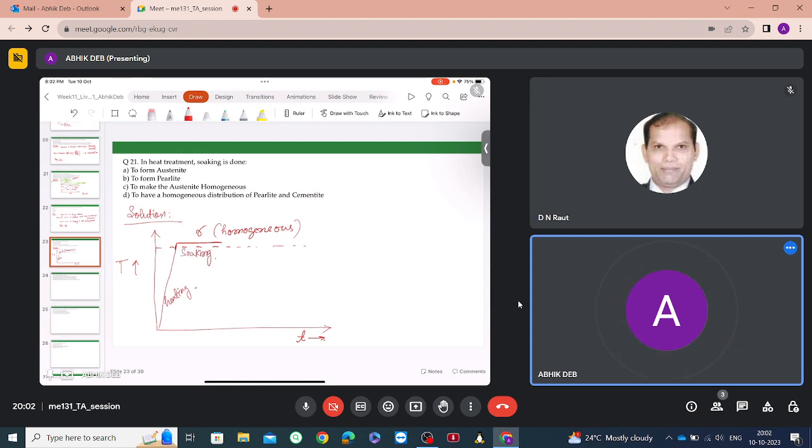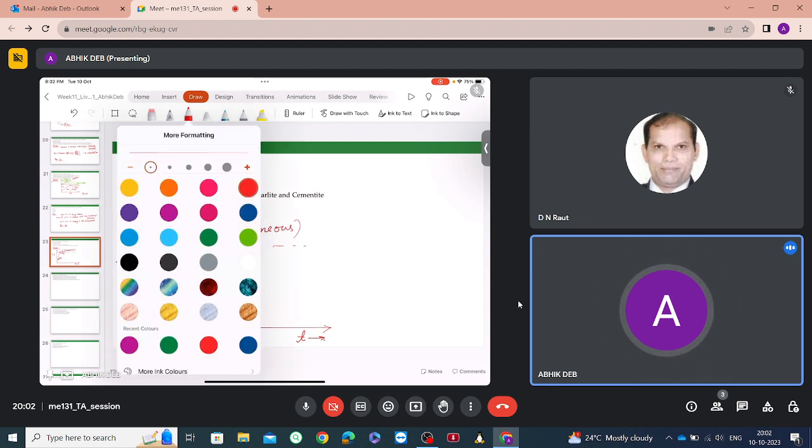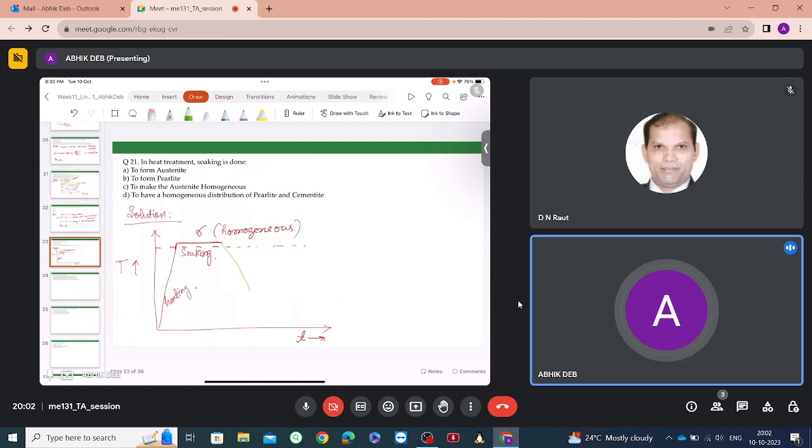And then it will be either quenched, it can be annealing, or it can be normalizing, or whatever. So why is soaking done? To make the austenite homogeneous.